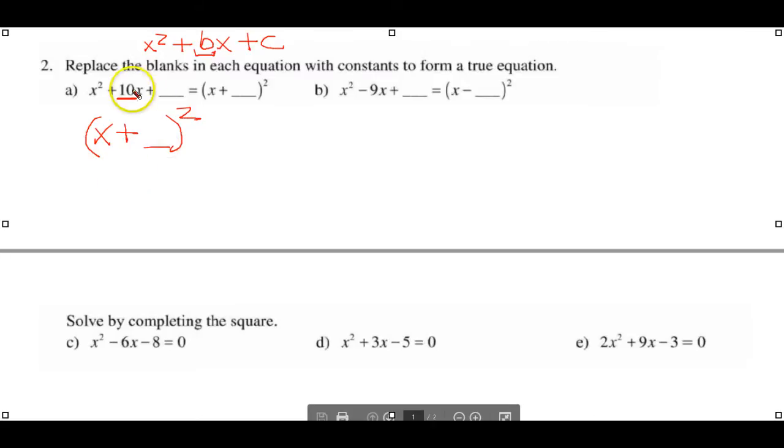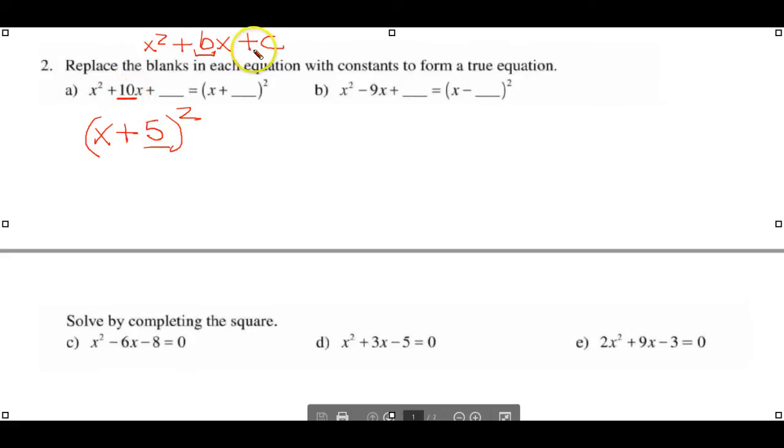Think about it. If we doubled it to get this, the answer is we divide by 2. So this will be a 5 that goes there. So we can check it. Multiply these two together and then double it.